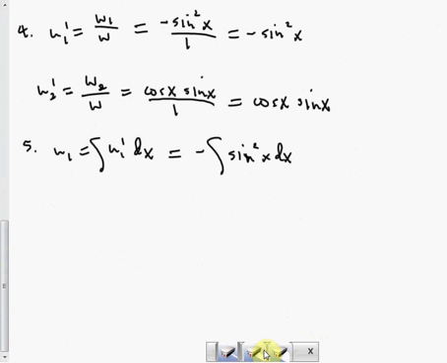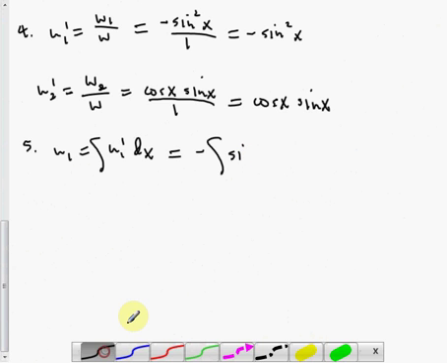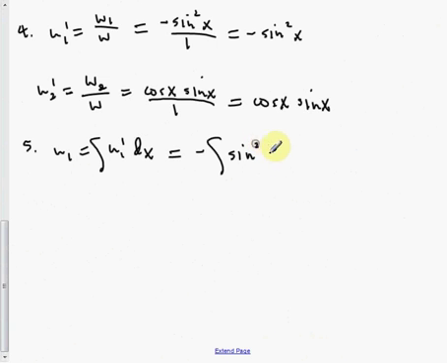We have strict instructions of how we integrate sine squared x dx from calculus 2. If it's sine squared x by itself, you have to rewrite that using a trig identity.